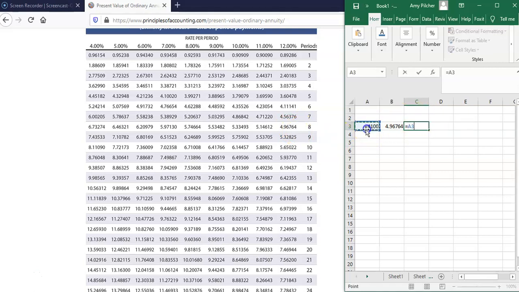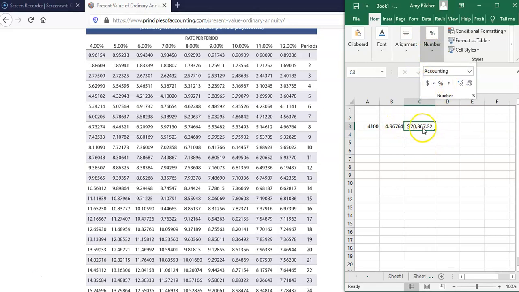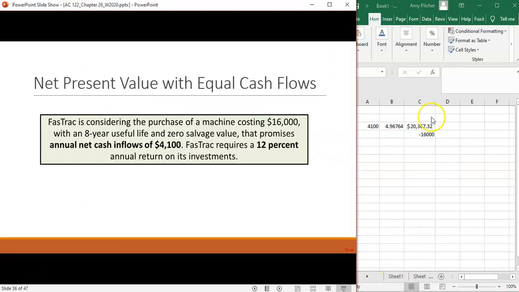So we take our annual cash flow times the factor. That gives us $20,367.32. Our initial investment in that piece of equipment was $16,000.